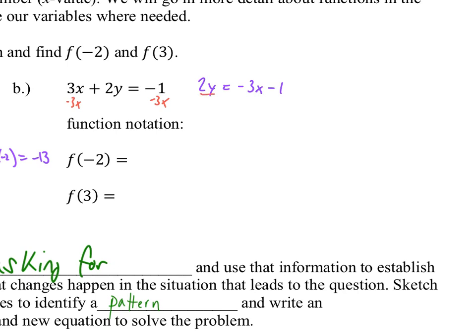And then I want to divide everything by 2. That would mean that y is negative 3 halves x minus 1 half. And so in function notation, I'd say f of x equals negative 3 halves x minus 1 half.